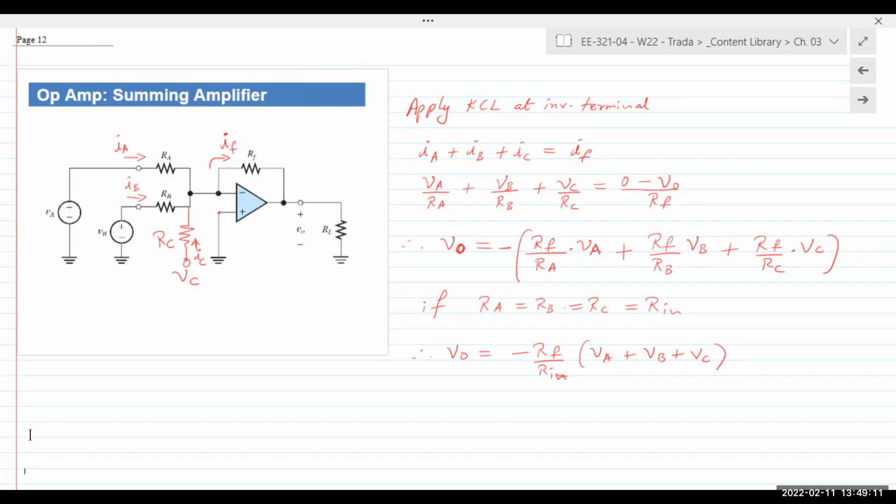So you want to replace it with the ground, wouldn't it be the same thing? Well, if you replace it with a ground, all of the current might just go through there. It won't go through the feedback resistance. Again, we assume a virtual short for the purposes of analysis. So we can say that the current from there is actually going into the feedback path.